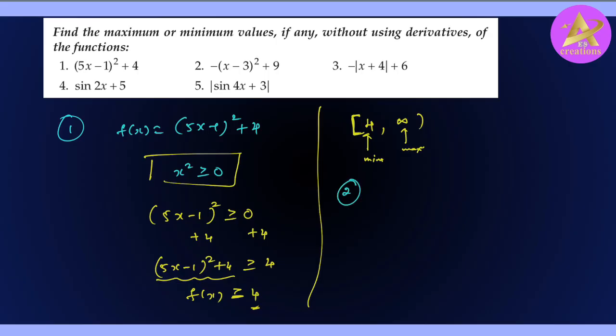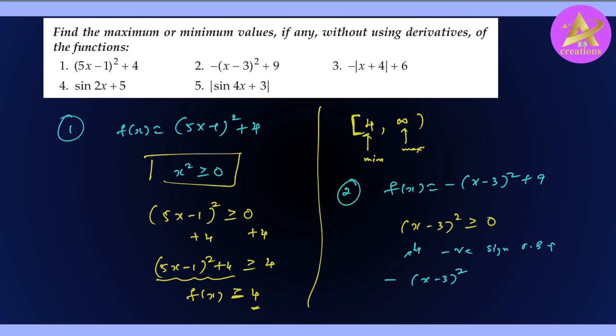Second is similar, the function f of x equal to minus (x minus 3) square plus 9 is given. What you have to do here is the same: (x minus 3) square, because of the even power, is always greater than or equal to 0. Here a minus sign is there, so multiply by the negative sign on both sides. When you multiply by a negative sign, the inequality changes.